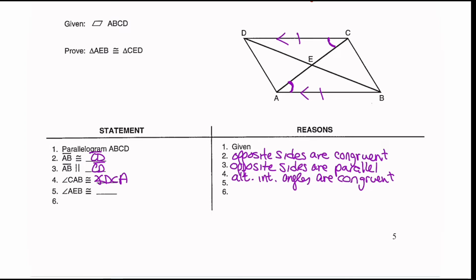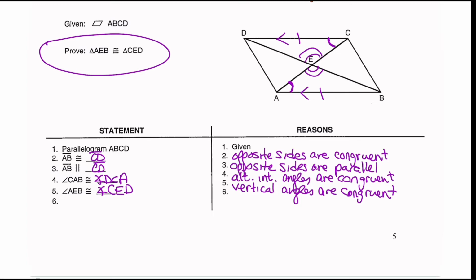Let's find that one, A to E to B. This angle right here would be congruent to, you guessed it, this angle up here. That's going to be angle CED by way of vertical angles are congruent. A very useful tool in proofs. So then finally we have arrived at enough information to support what we're trying to prove here, and triangle AEB is congruent to triangle CED by way of angle, side.